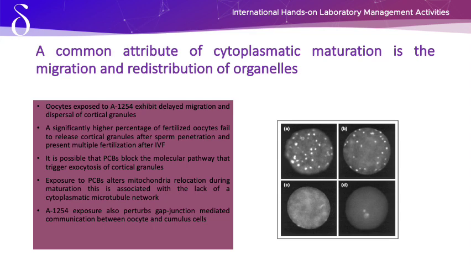And essentially, particularly the relocation of mitochondria during maturation, which is due to the cytoplasmic cytoskeleton. Obviously, if we have these mitochondria distributed in the wrong way, we're going to have incompetent oocytes and not get embryos.